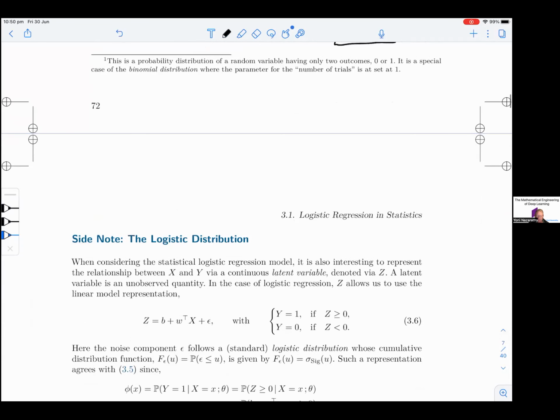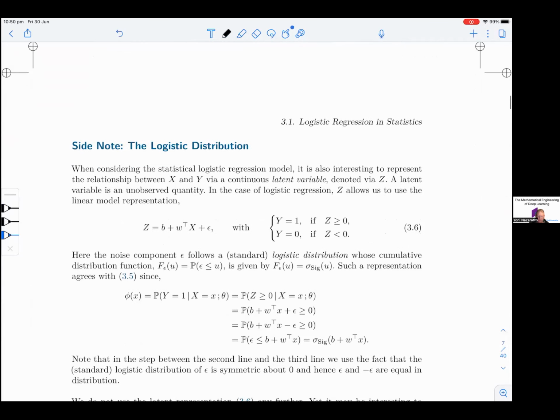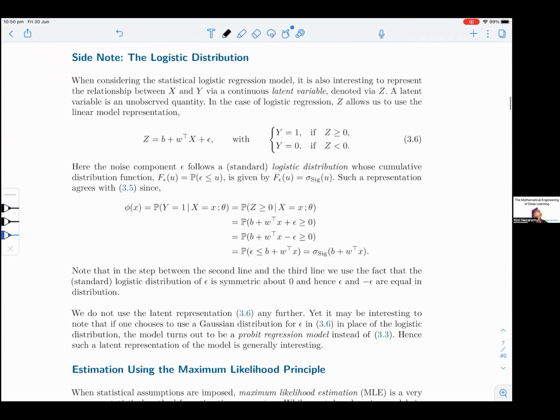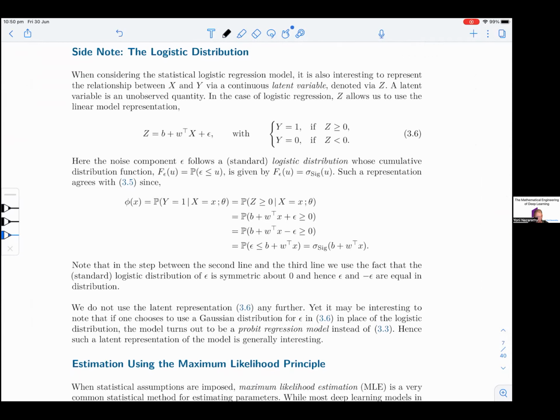Side note, the logistic distribution. When considering the statistical logistic regression model, it is also interesting to represent the relationship between x and y via a continuous latent variable denoted z. A latent variable is an unobserved quantity.